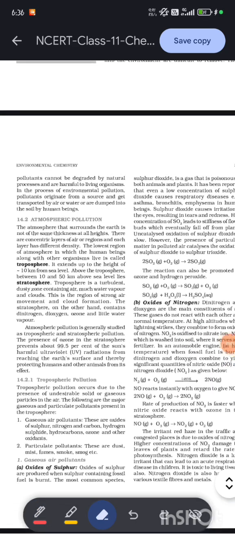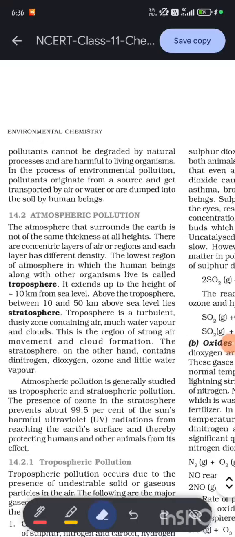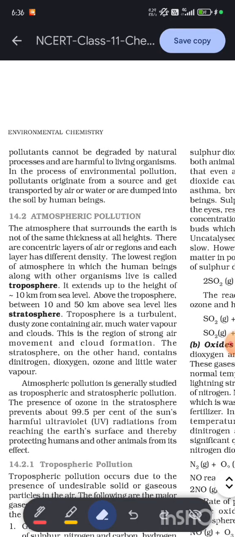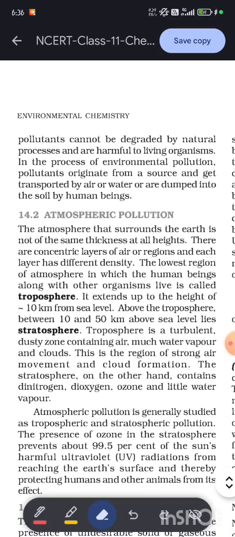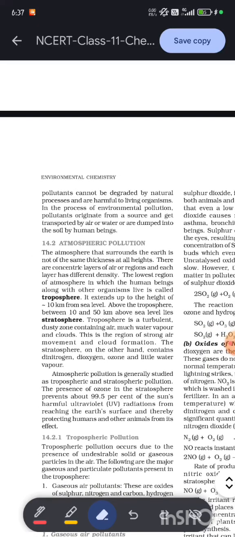These pollutants cannot be degraded by natural processes and are harmful to living organisms. In the process of environmental pollution, pollutants originate from a source and get transported by air or water or are dumped into the soil by human beings. Then we will study atmospheric pollution.